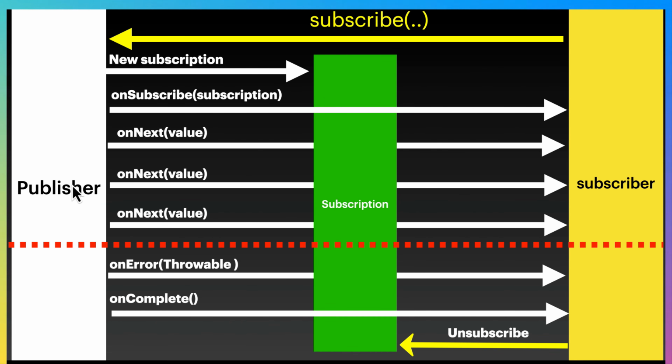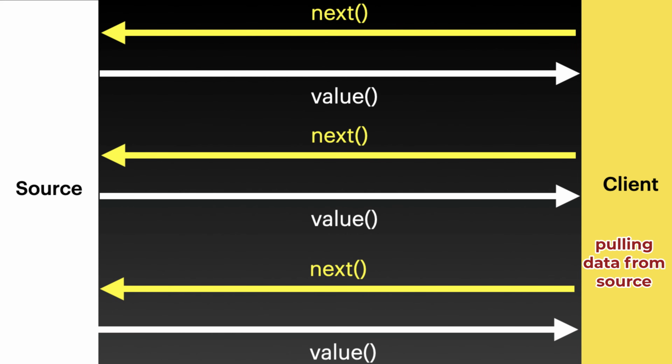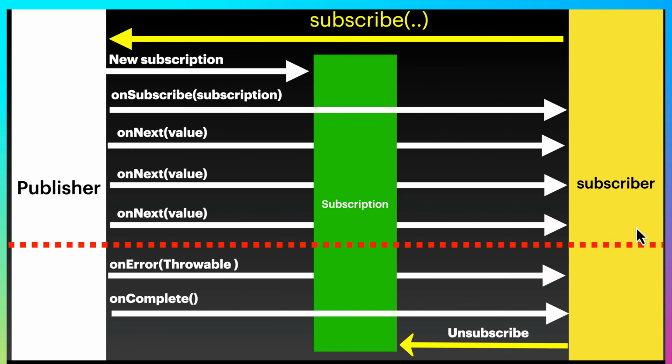So the subscriber may make another call, and the publisher will say, okay, I'm going to send you null because I don't have any data available. In the iterator, we have a pull-based model. The subscriber pulls the data from the publisher, but here it's mostly a push model. The publisher is going to push an onComplete event whenever it has sent all the data.